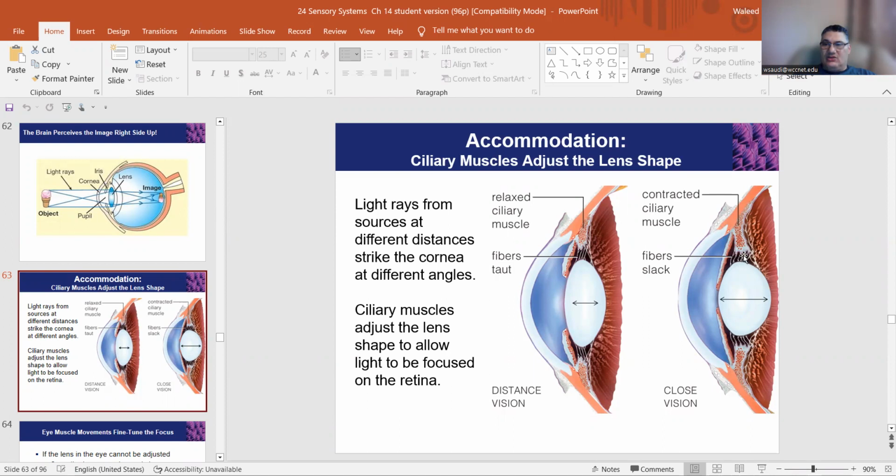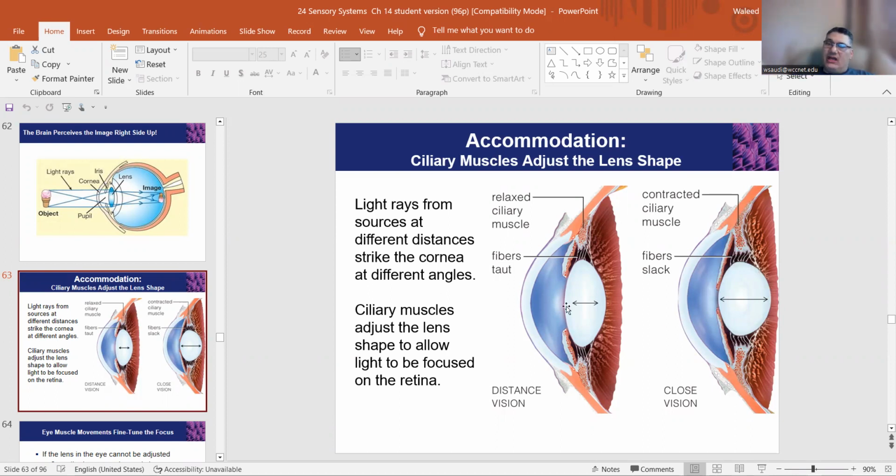So if you relax, look at these muscles here, the ciliary muscles, connected to these suspensory ligaments or fibers right here, suspending the lens. If you relax it, look how the lens looks now, more convex. So now that will allow you to see closer objects because there will be more bending.